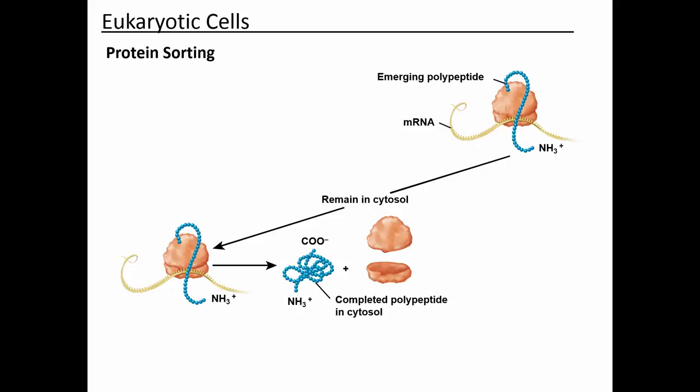The one example of a sorting signal that we'll study in this class is called the ER signal sequence. The ER signal sequence is a specific example of a sorting signal, and proteins that have an ER signal sequence are directed to the endoplasmic reticulum.